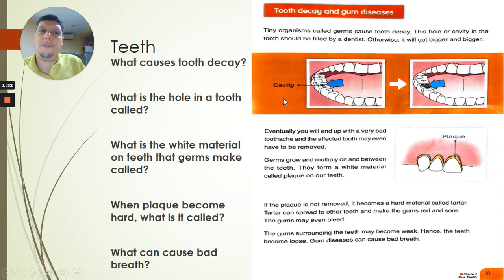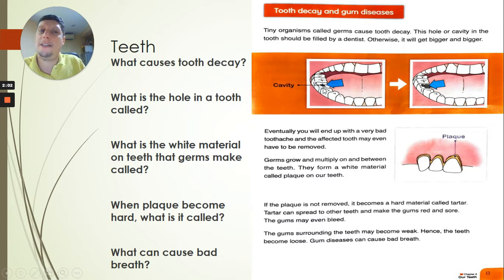Okay, let's have a look at this. So what we're talking about is tooth decay, and tooth decay is whenever your teeth get bad and damaged. Your teeth get damaged by getting holes in them, and whenever these holes are made, the name is called a cavity.